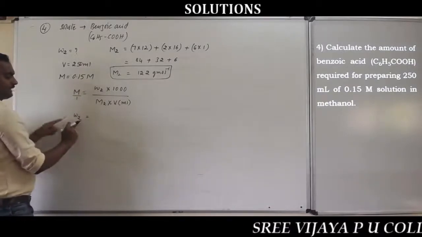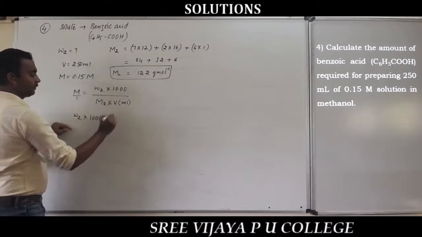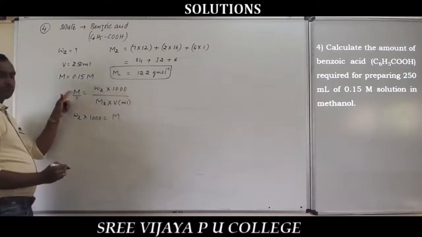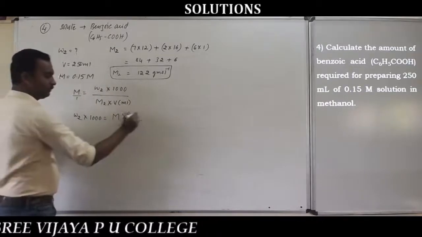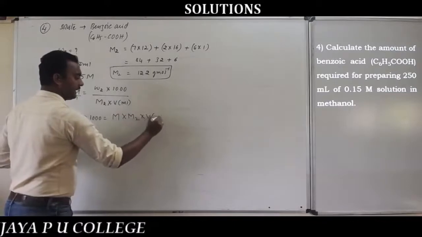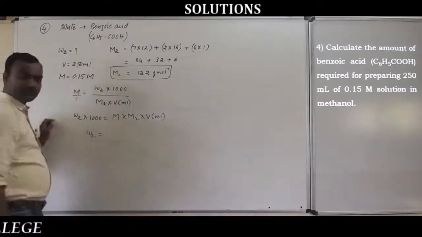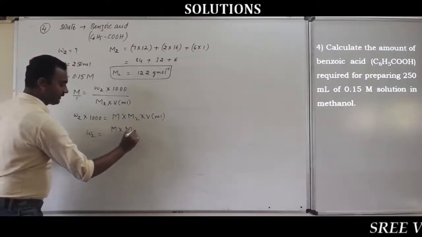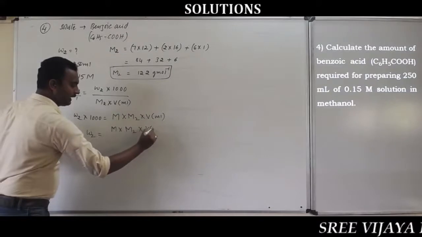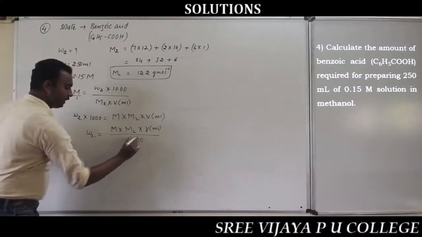So WO2 into 1000 is equal to capital M, that is molarity, into molar mass of solute, that is M2, into V in ml. Our intention is to calculate WO2, that is the mass of solute, that is capital M into molar mass of solute M2 into V in ml whole divided by 1000 denominator.